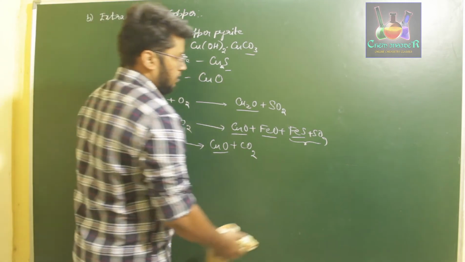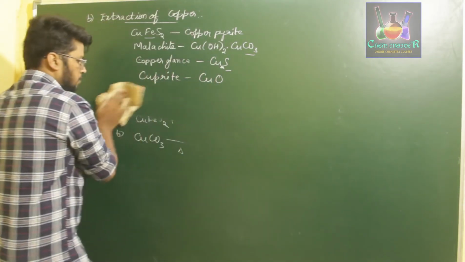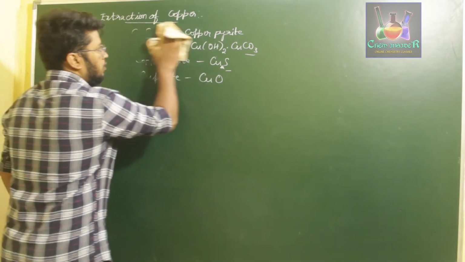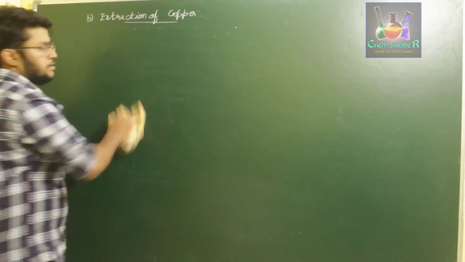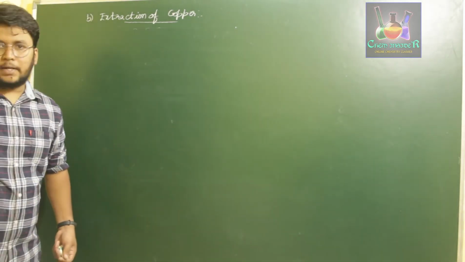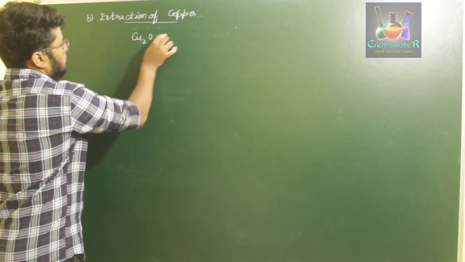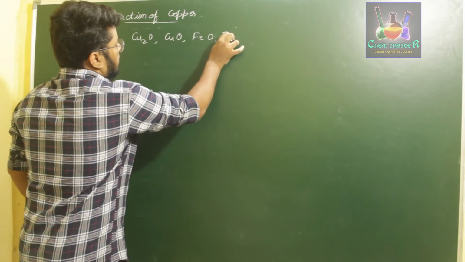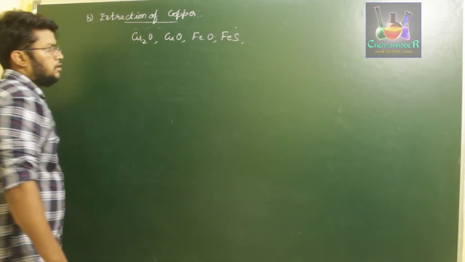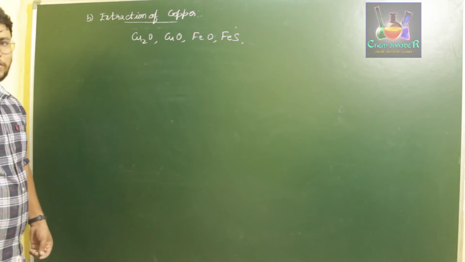In this reverberatory furnace, we treat them with coke and silica. I am just going to write down the different oxides which we have obtained from the metal ore: Cu2O, CuO, FeO, FeS, etc. These are the impurities present along with our metal oxides.